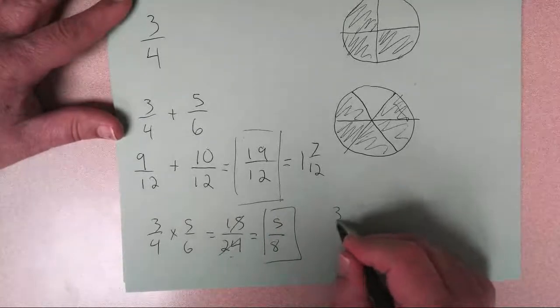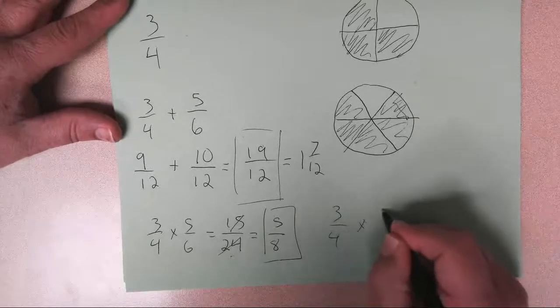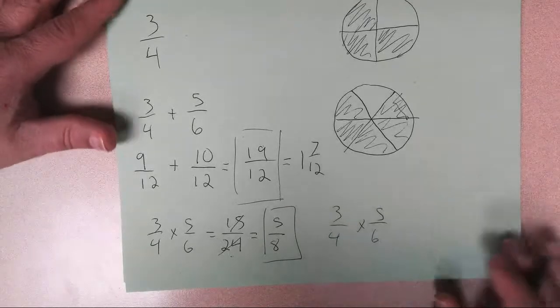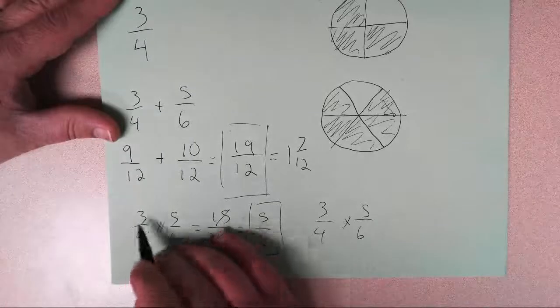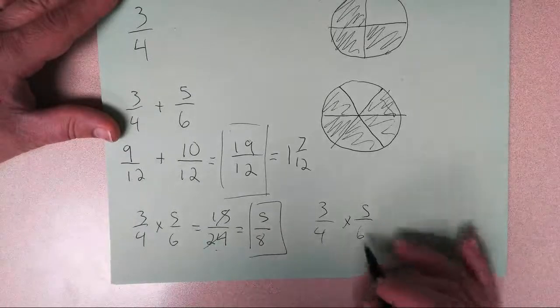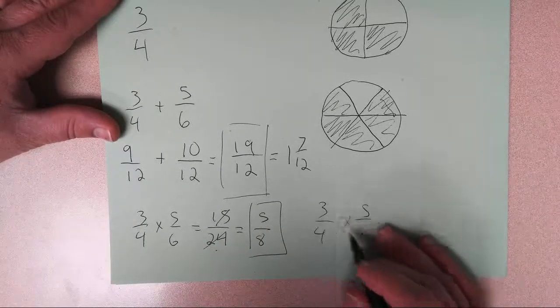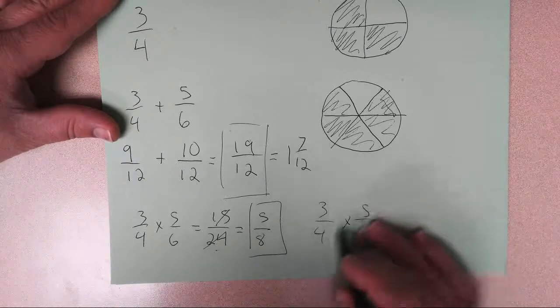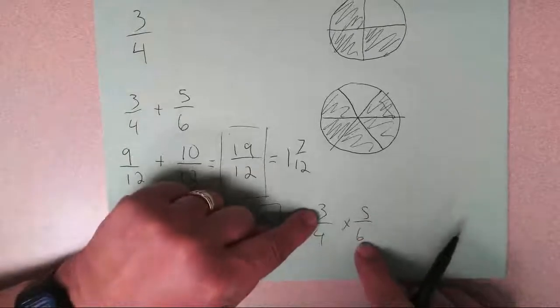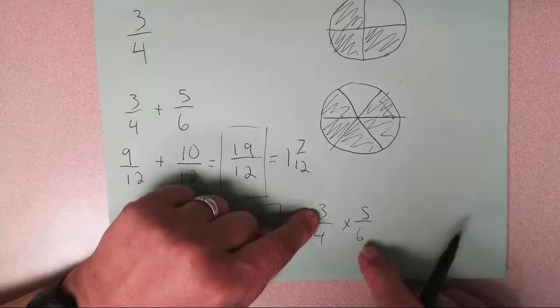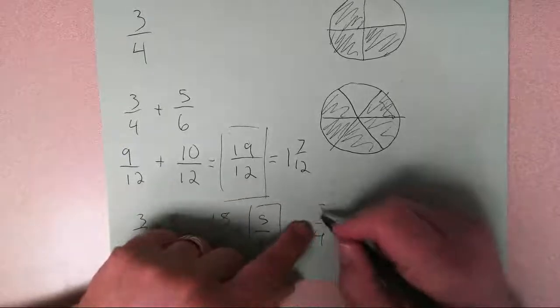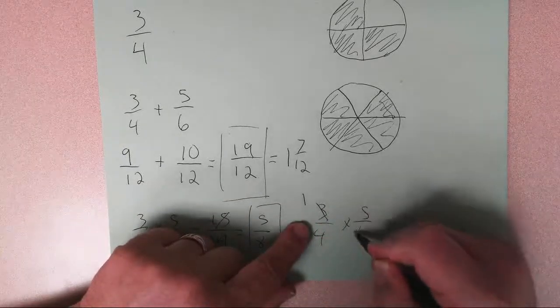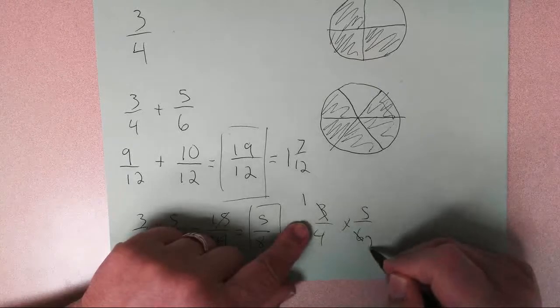Now, when you're actually multiplying two fractions, instead of multiplying them together first, if the kitty corner numbers can be reduced down right away, you can do that. So the 3 and the 6 can be reduced down. I can take that and make it a 1, and the 6 will be a 2.